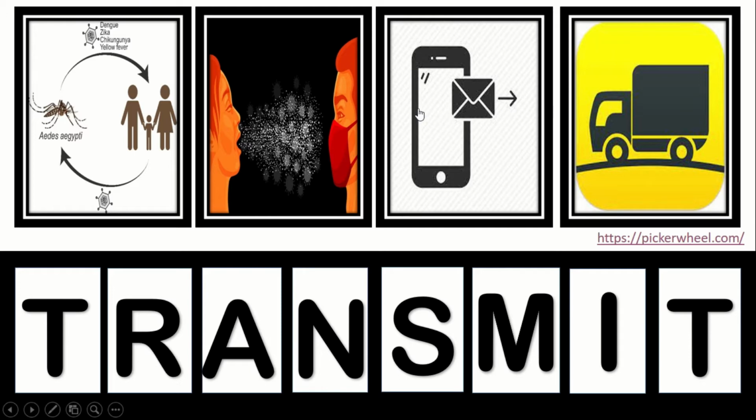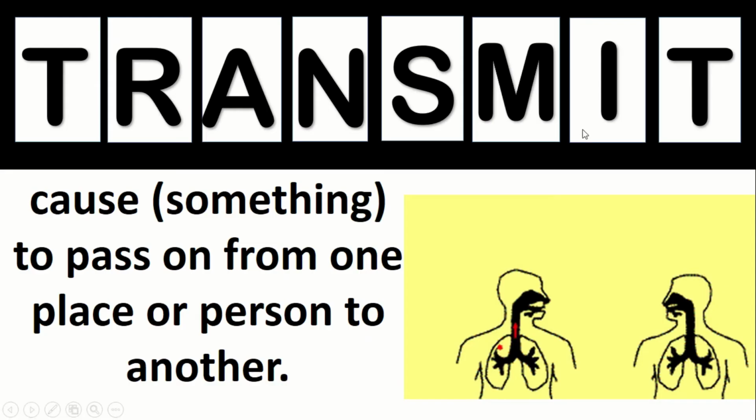Now, this message is being transmitted to another cell phone number. This car will transmit cargo or deliveries to other places. So when you say transmit, class, it causes something to pass on from one place or person to another. So that is the meaning of transmit.